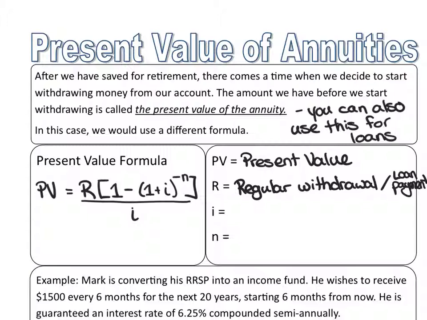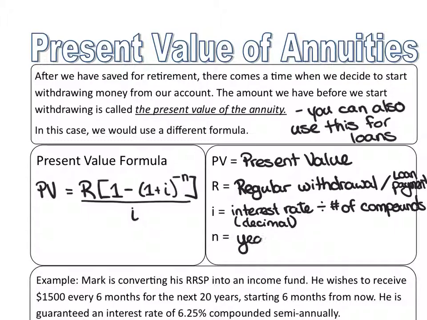I, same as last time, is the interest rate divided by the number of compounds per year. Don't forget that this has to be in decimal form, just like we did in the last lesson. And n is the same as well.